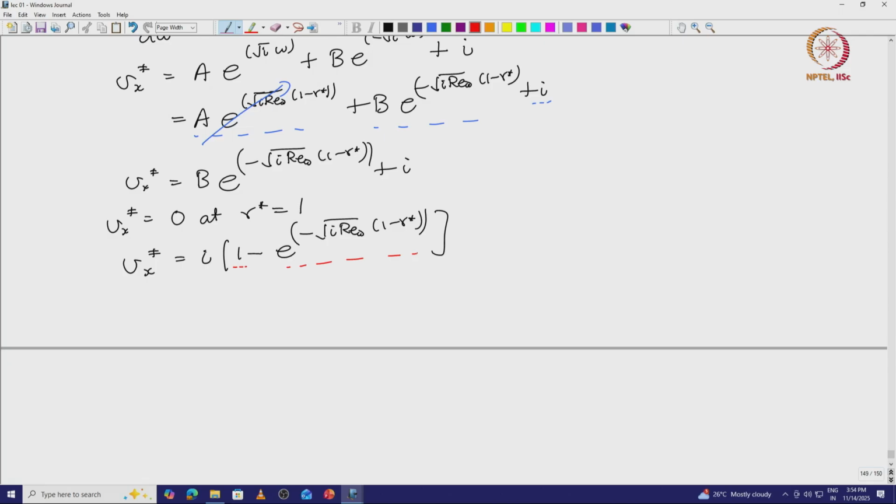Initially we had just neglected the viscous term and found that we could not satisfy the boundary condition, because the viscous term had the second derivative in it. Because of that there were no constants of integration. Physically, if we neglect the viscous term there is no viscous diffusion, and therefore the velocity will not come to 0 at the wall itself.